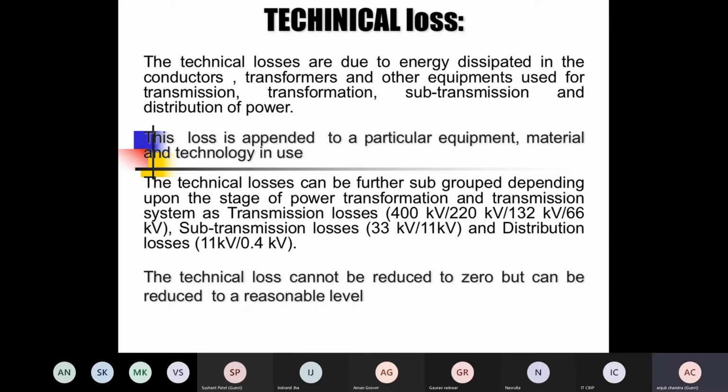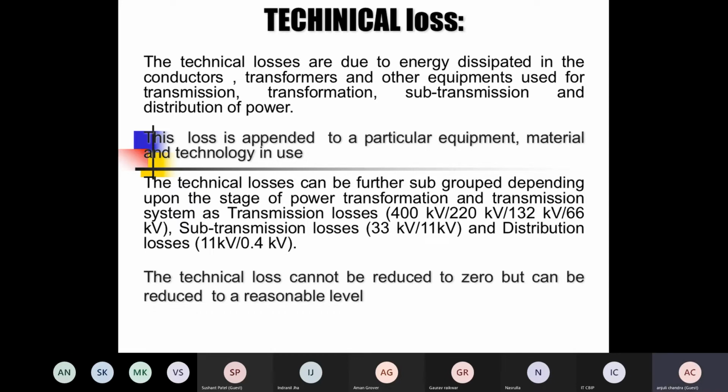The technical losses can further be subgrouped depending upon the stage of power transformation and transmission system. Transmission losses are mainly in 400 by 220 kV, 220 by 132 kV, 132 by 66 kV. All these are grouped as transmission losses.